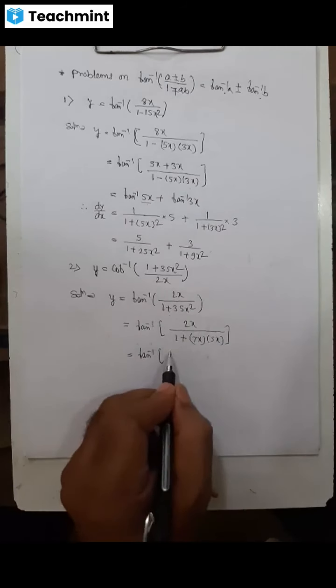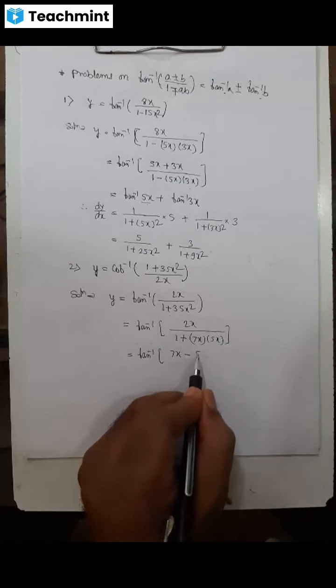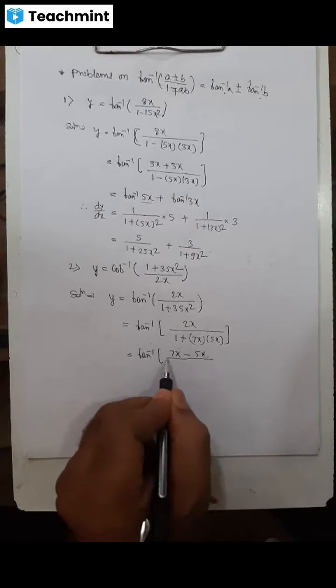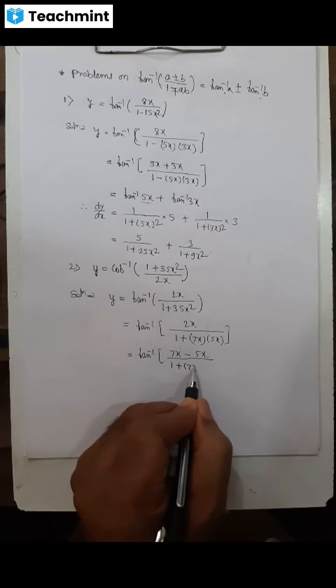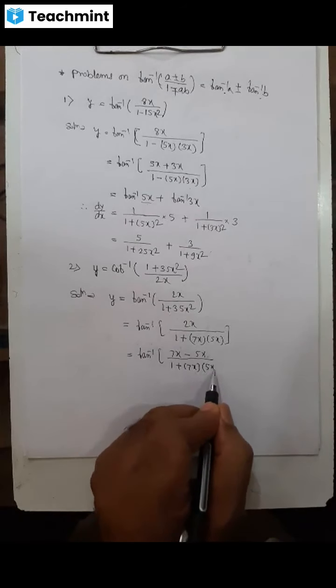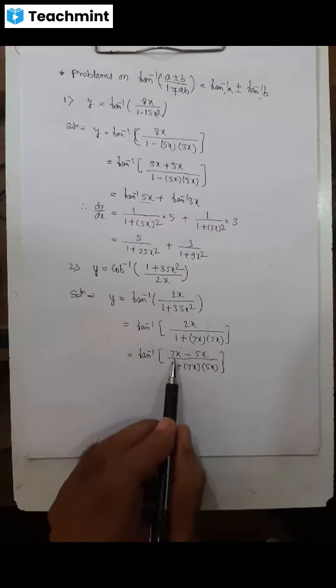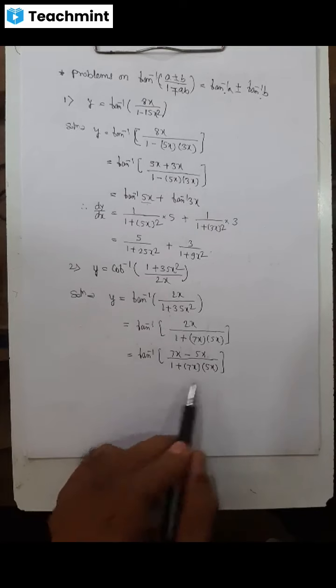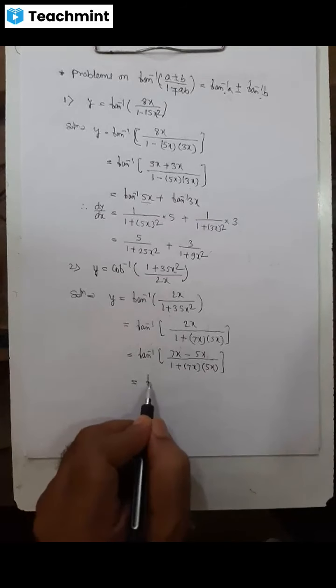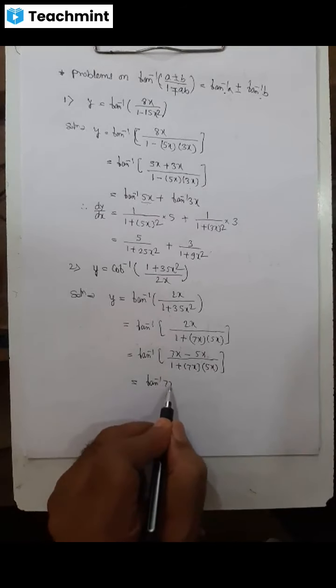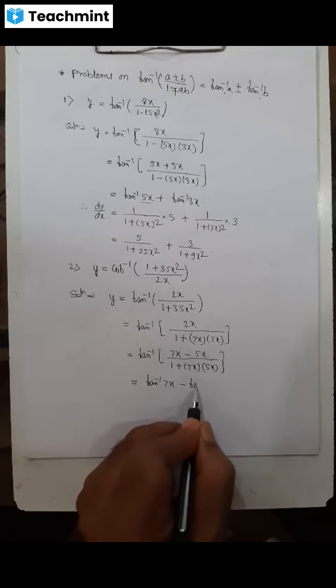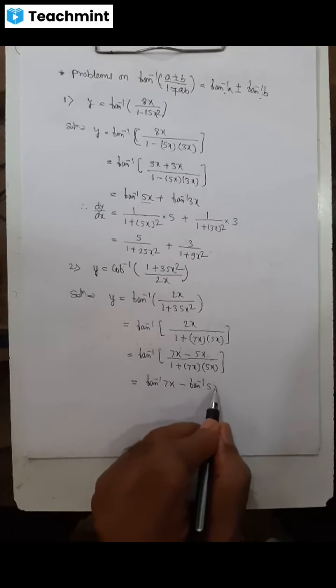This 2x can be written as 7x minus 5x divided by 1 plus 7x into 5x. And this is in the standard form, tan inverse of (a minus b) divided by (1 plus a into b). So we know the formula: tan inverse of 7x minus tan inverse of 5x.